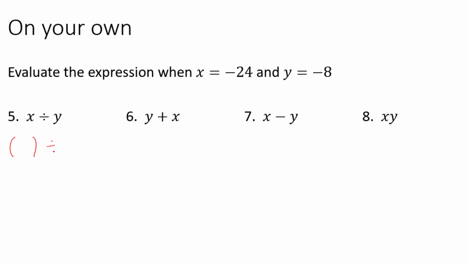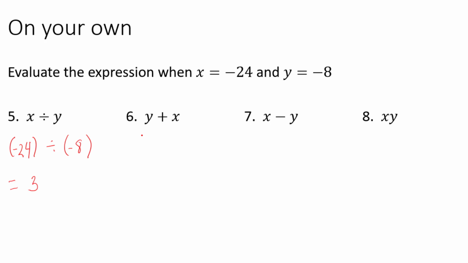X divided by y. The value for x is negative 24, so I'll put it in the first parentheses. The value for y is negative 8. Put it in the second parentheses. Negative divided by a negative is positive. 24 divided by 8 is 3.